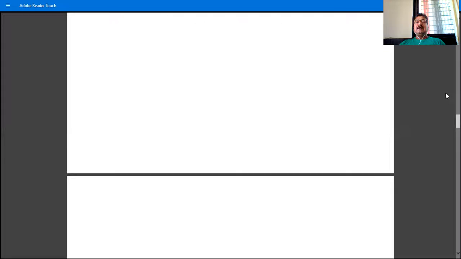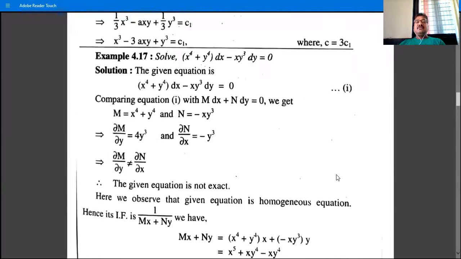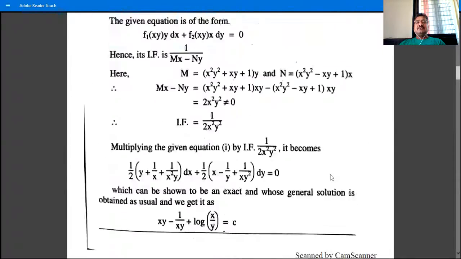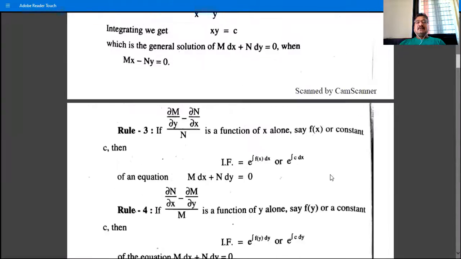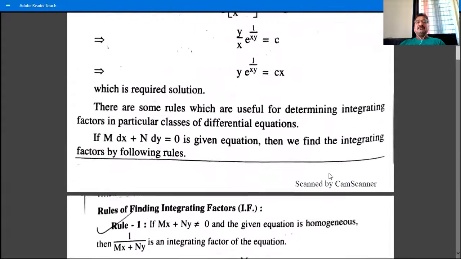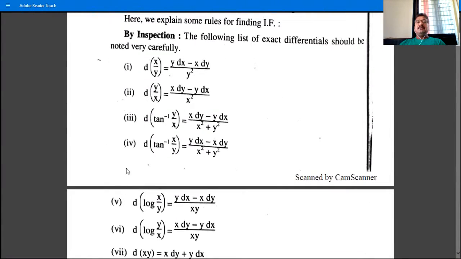To find the integrating factor, in all there are 6 methods: 5 rules and 1 method, the integrating factor by inspection method. At the beginning of this topic, we observed these 6 methods. This is the inspection method; we have to use these formulas to obtain the integrating factor.